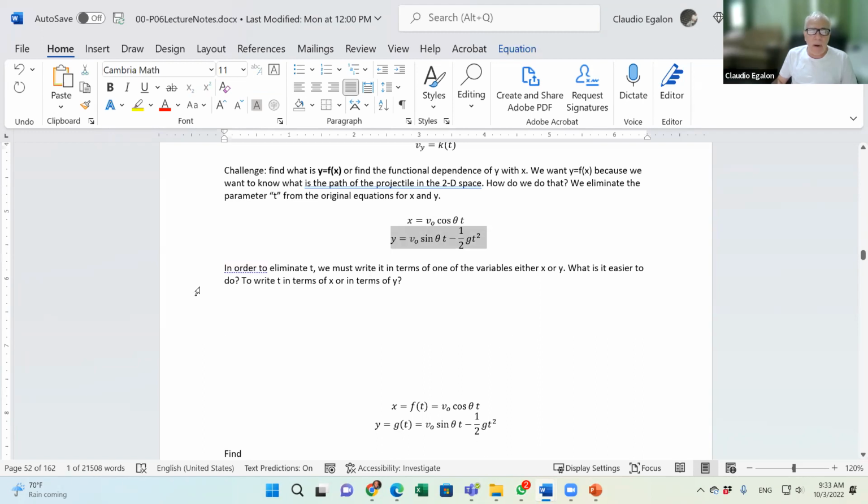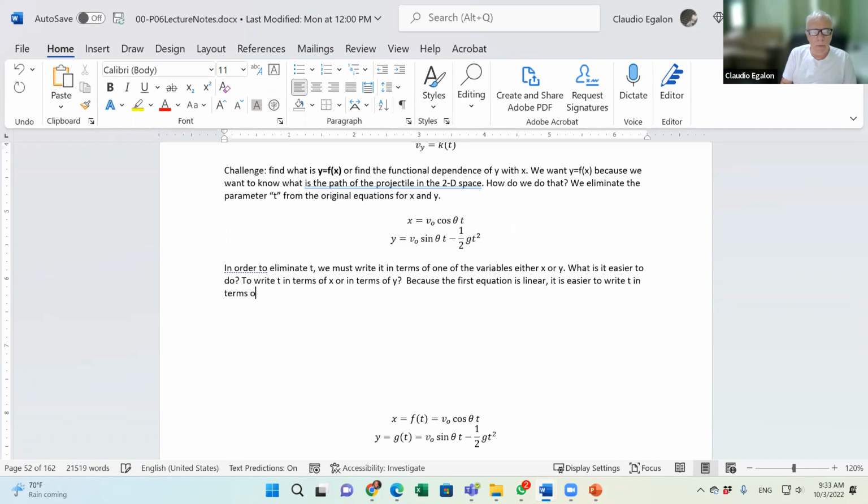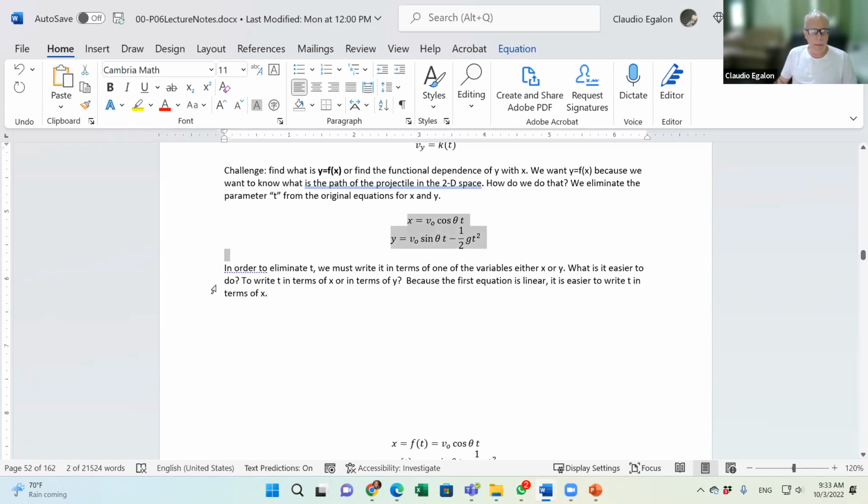So it's easier to write t in terms of x, because the first equation is linear. Okay, so let's do that. Here you go.